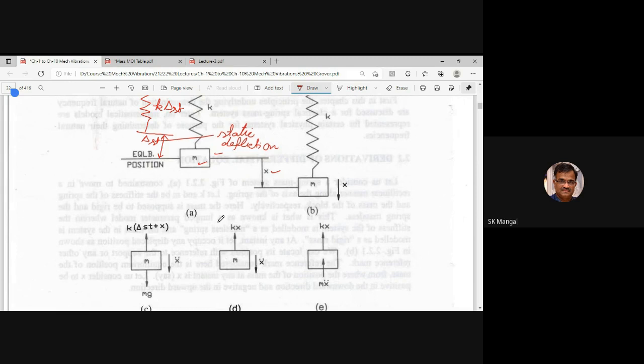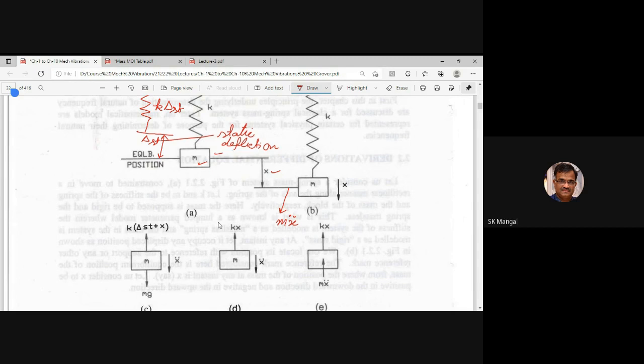Now if I displace this mass in a downward direction by x, then you are having an accelerating force acting vertically downward, mx double dot. And now what about this one?